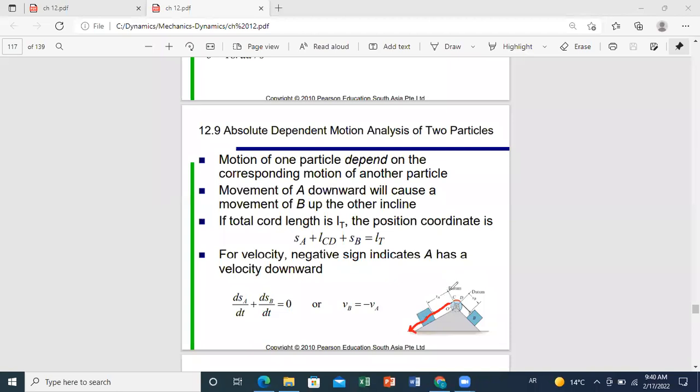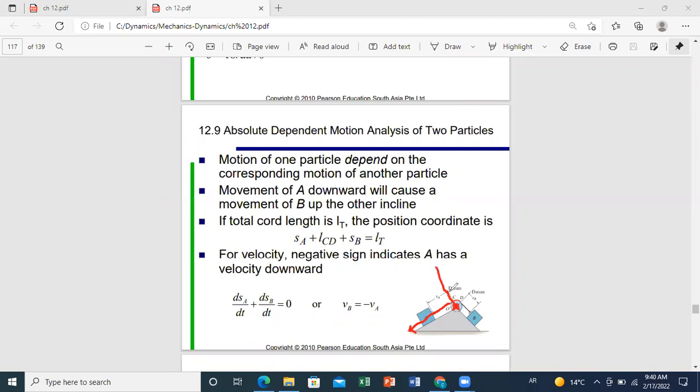So here I should select a fixed line on my figure. For example, this pulley is fixed here. Its center is fixed.